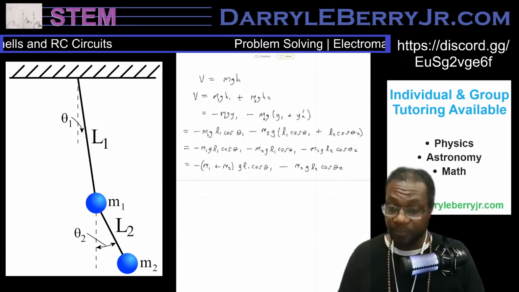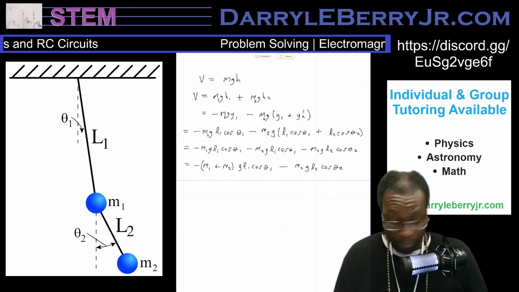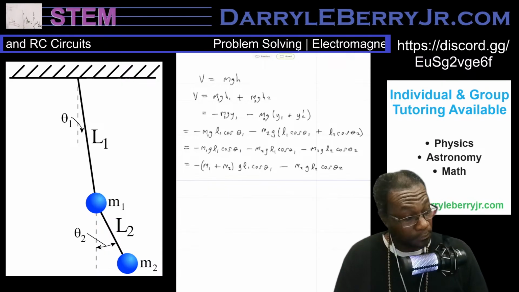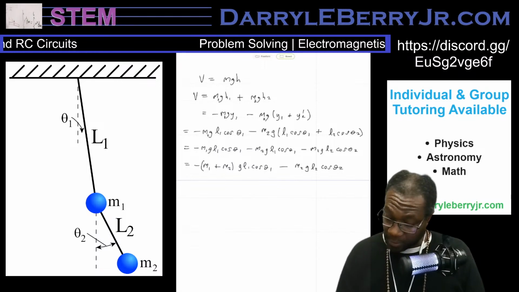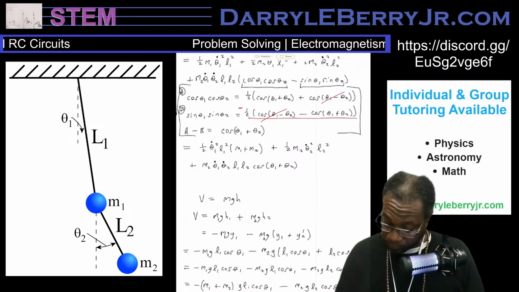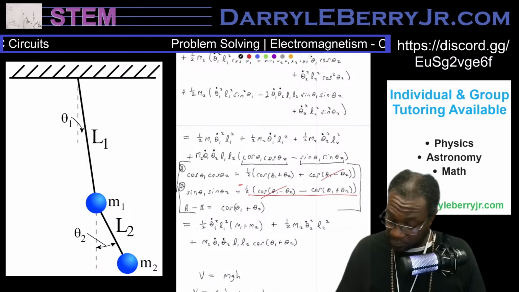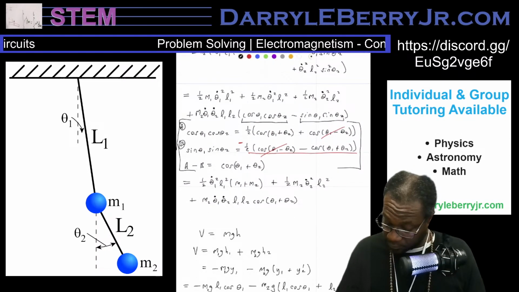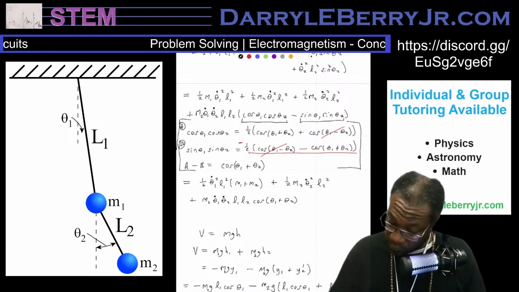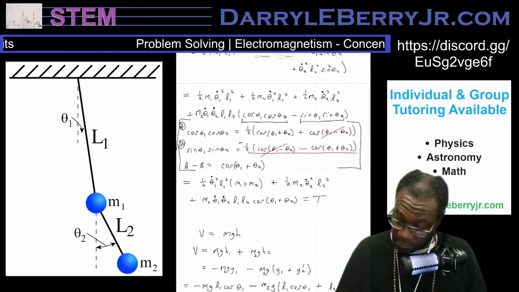We have that. Right. Now we can go ahead and make our Lagrangian, which is going to be our kinetic energy.